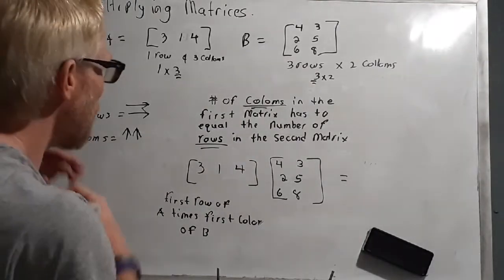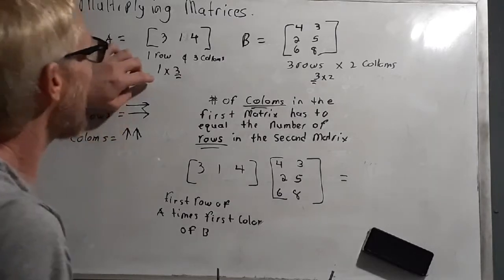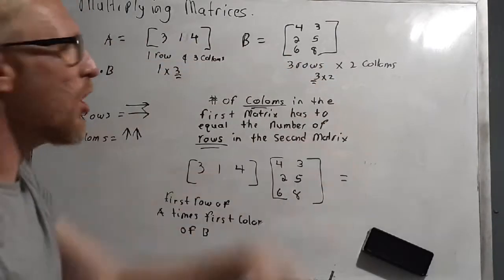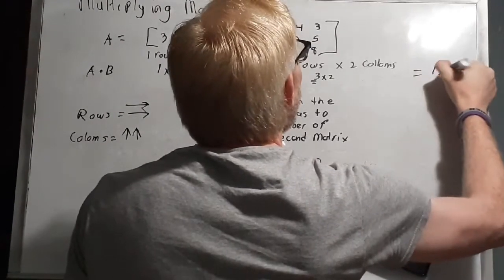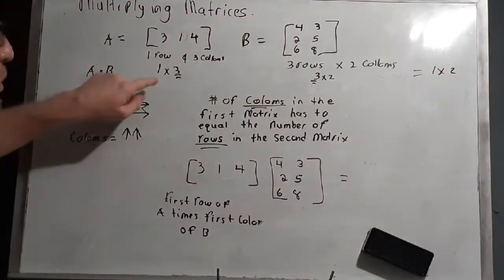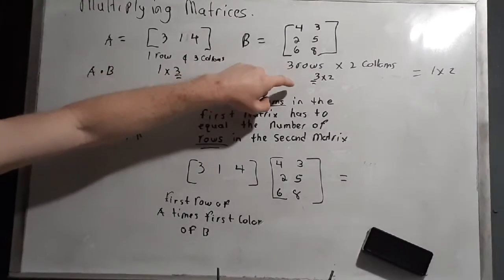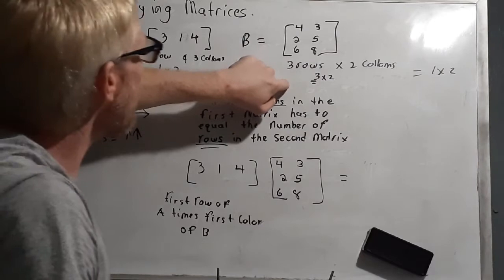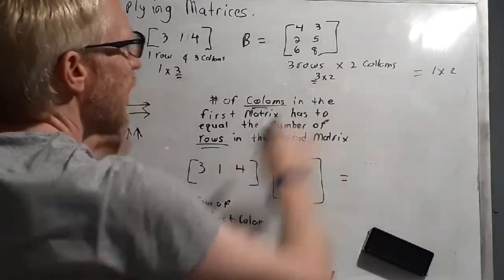Our resulting matrix is going to have 1 row and 2 columns. So we're going to get what is called a 1 by 2 matrix, because this is a 1 by 3 matrix, 1 row, 3 columns, and this is a 3 by 2, which is 3 rows, 2 columns, and our answer is a 1 by 2.